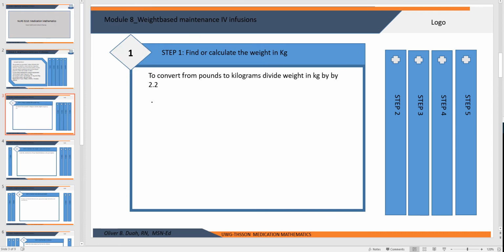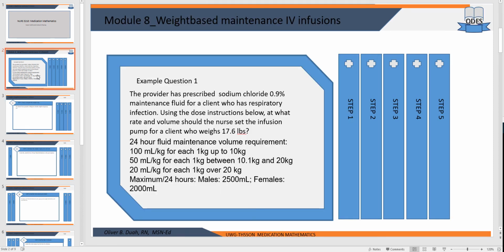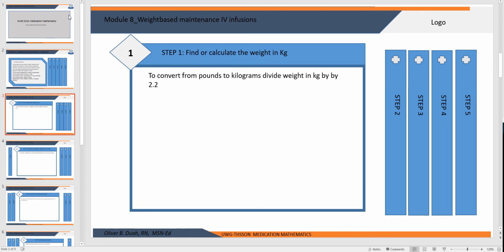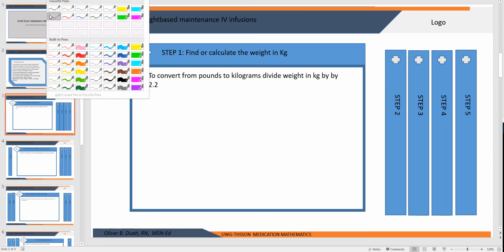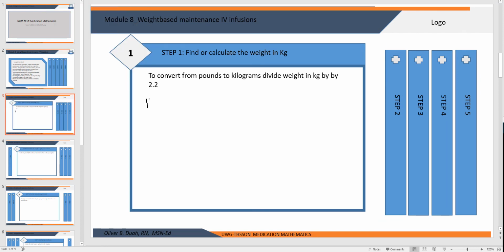According to our question, the client weighed 17.6 pounds. So let's write that down, 17.6 pounds, and we need to convert this to kilograms.